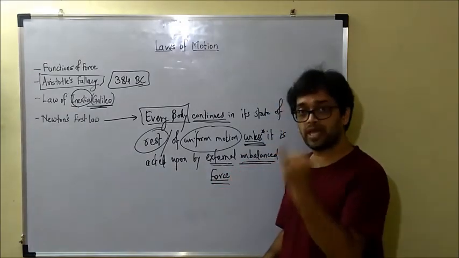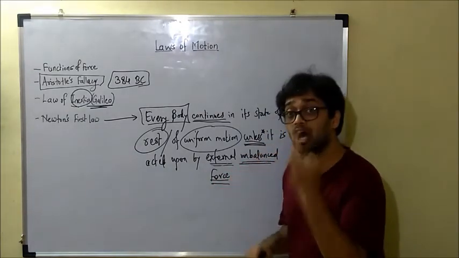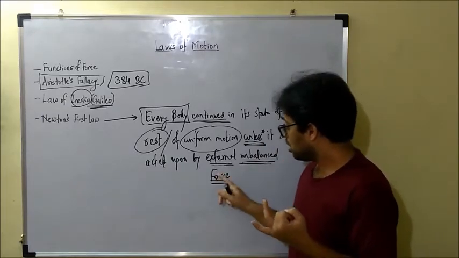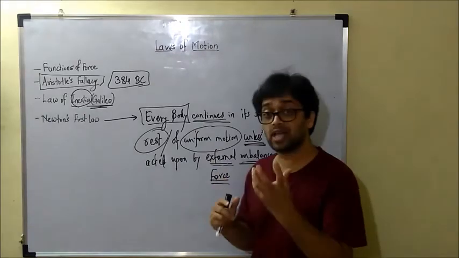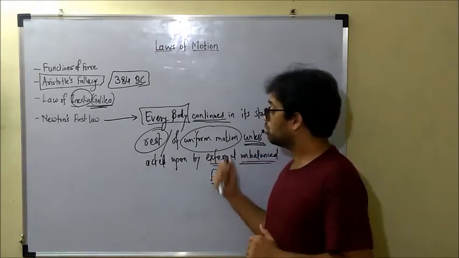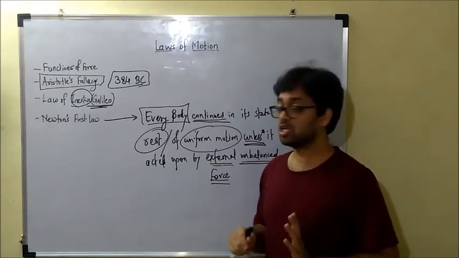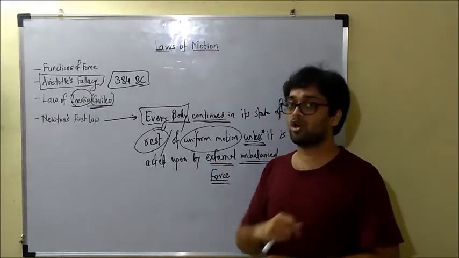So the force has to be external, and the force has to be unbalanced to cause a motion. Then only the state of rest or of uniform motion of the body can change. This is what Newton's first law tells us.